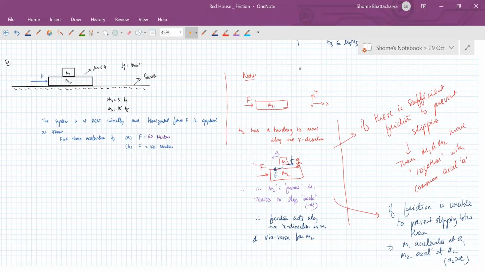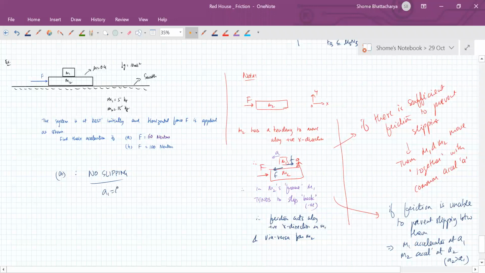Okay. So this is the thing that you have to understand. So yes, many of you got the answers correct. So what you will see when you solve this is in the A part, no slipping occurs. So they have common acceleration, and that common acceleration will come out to be 3 meters per second square.